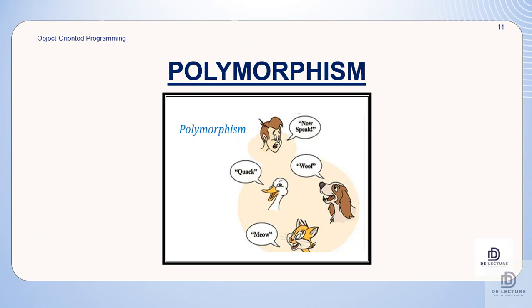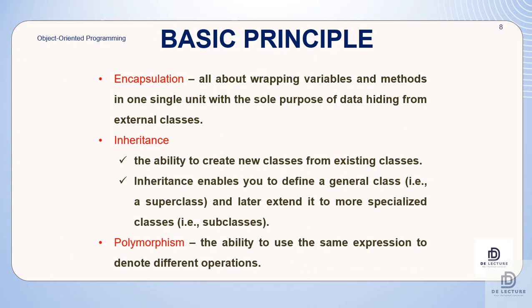Each of them has different operations, or different implementations. Although speak is very general, in precise terms we can have different operations while sharing the same definition. This is what we mean by polymorphism.